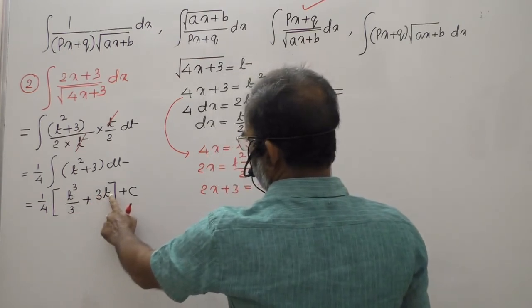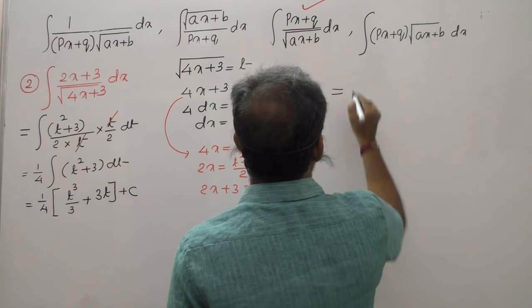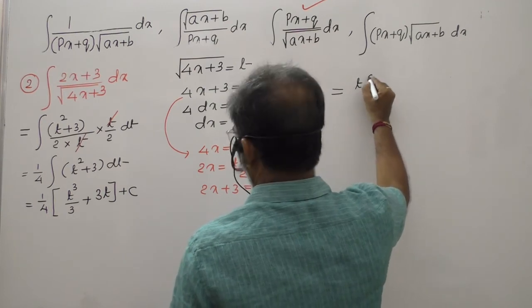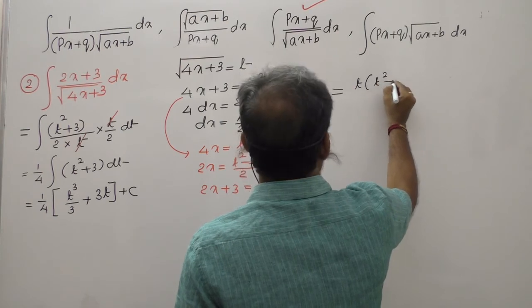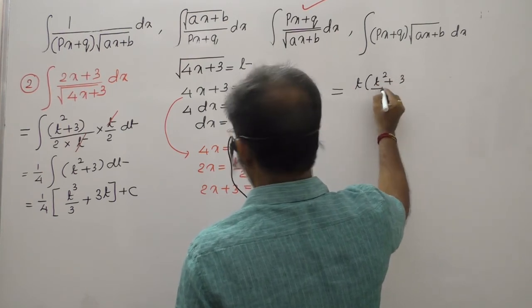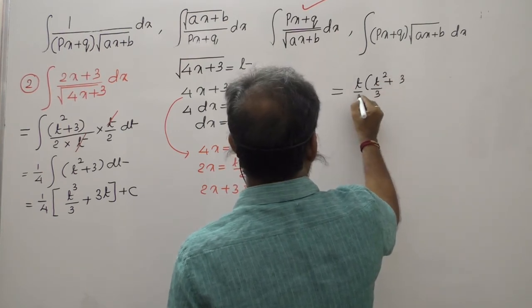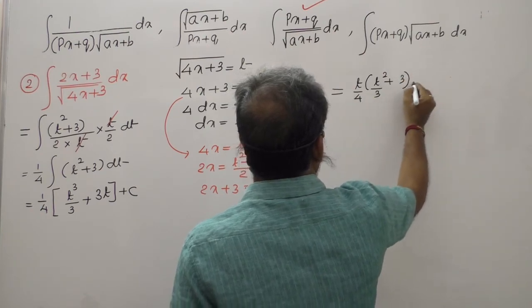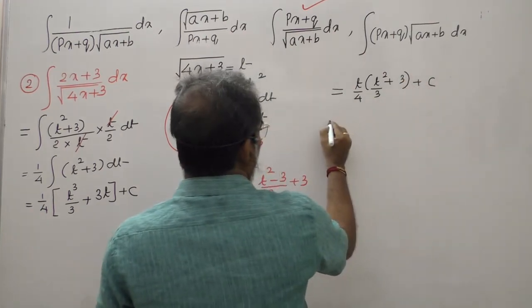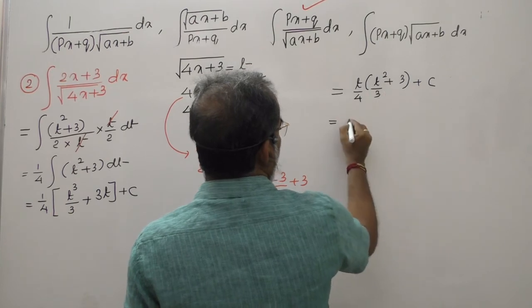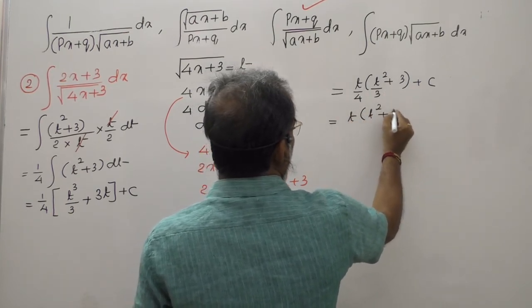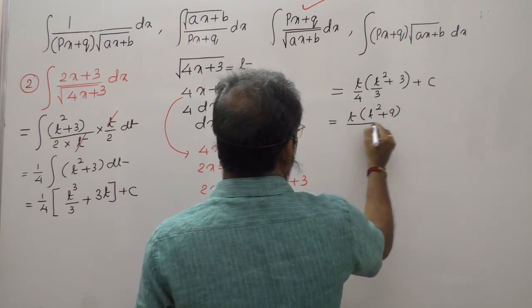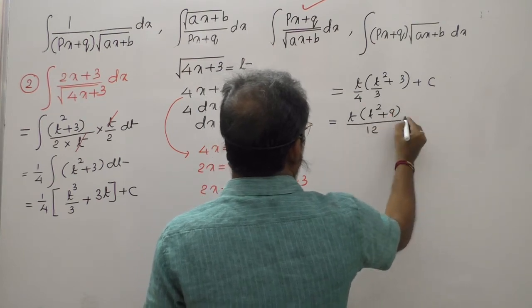From this and this I can take t common. If I take t common, I will be having here t square by 3 plus 3, here it is 4, plus c. Okay, if I take LCM, now this becomes t into (t square plus 9) divided by 12 plus c.